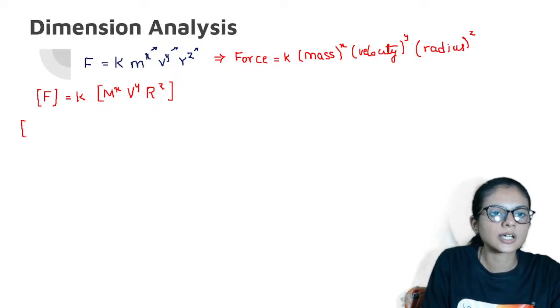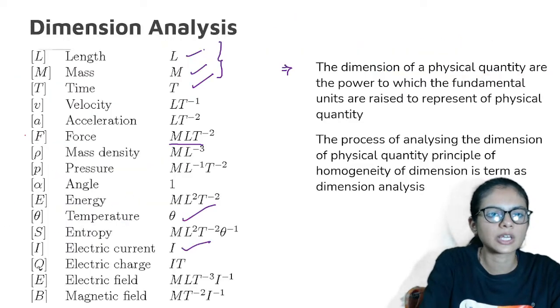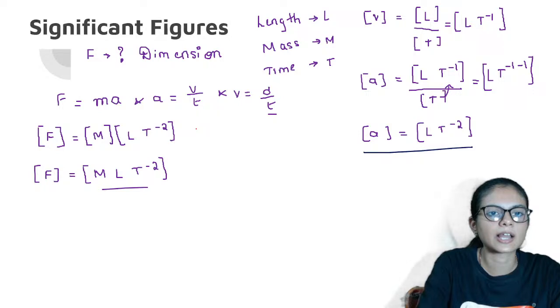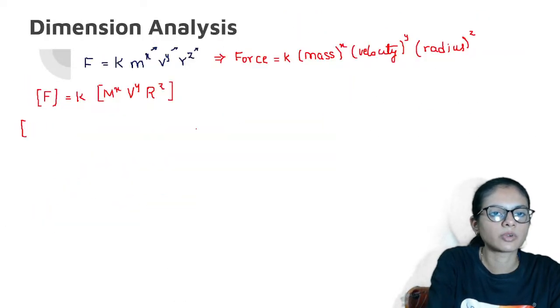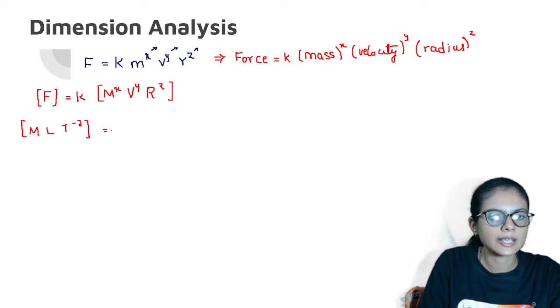So what was the dimension of force? You can calculate it, or directly we get M L T minus 2. We have already calculated it here, right? I'm going to substitute it here. This is done. K is nothing but a constant, just keeping it as it is.